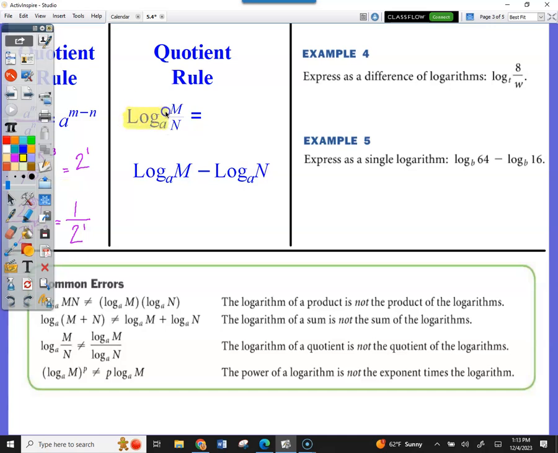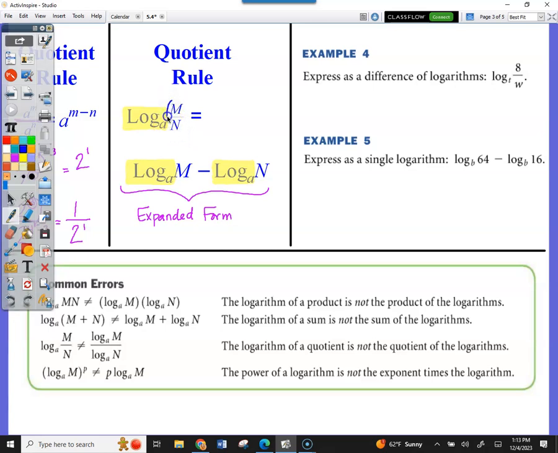Log base A of m divided by n in expanded form is log base A of m minus log base A of n. So this is expanded form. This is in parentheses.